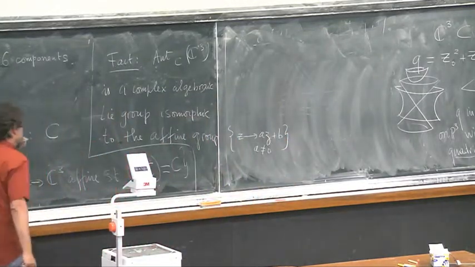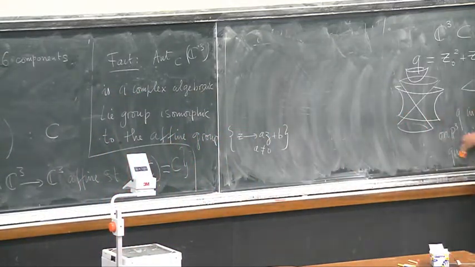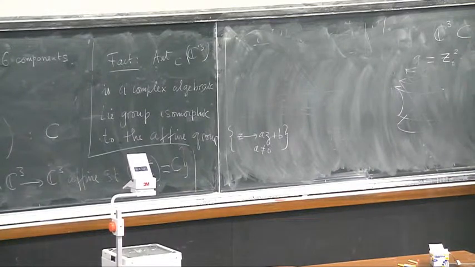As a consequence, this group acts on C3, and the orbits are surfaces.